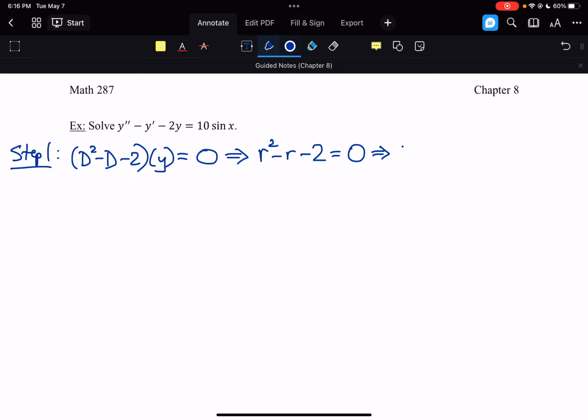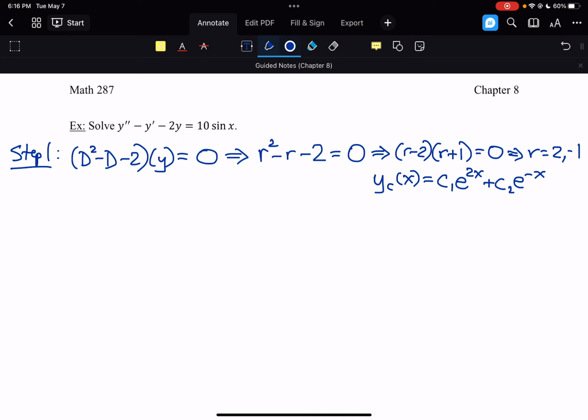Which does factor as r minus 2 and r plus 1 equals 0. So r is 2 and negative 1. So that's going to give us our complementary solution. So that's c1 e to the 2x plus c2 e to the negative x.